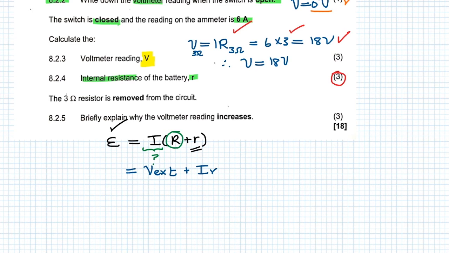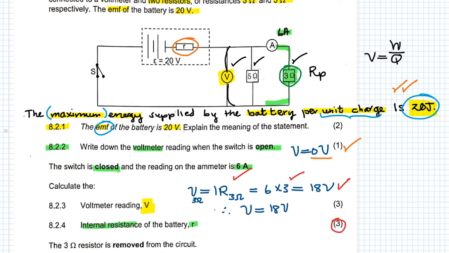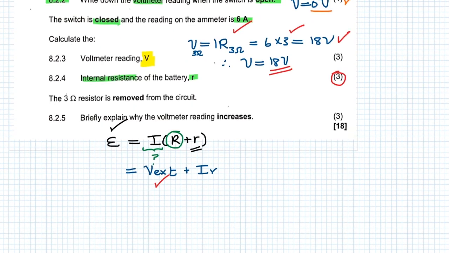Well, the problem we have here is that although we do know the external, because we know that the reading on the voltmeter, which is across the entire parallel connection, is equal to 18 volts, we still don't know what the total current flowing through the circuit is. So we're going to have to determine that.